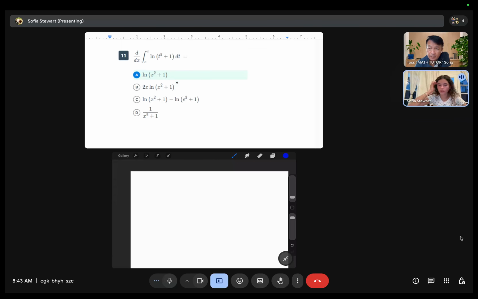Okay, 11. Now, here's the thing. This one is like the easiest if you know your formula. I just memorized a bunch of them. So let me see what will be the best way. All right, let me show you.